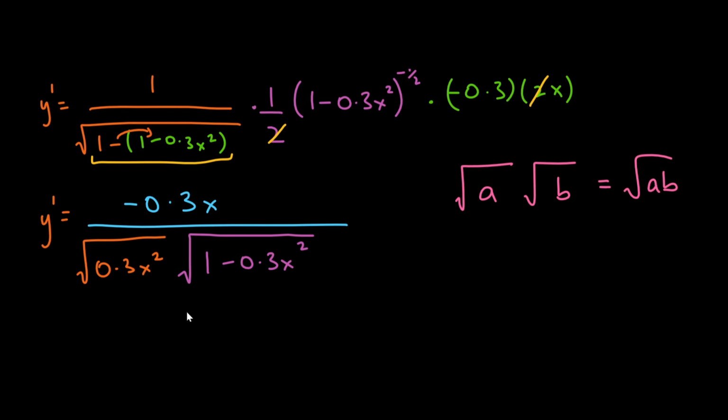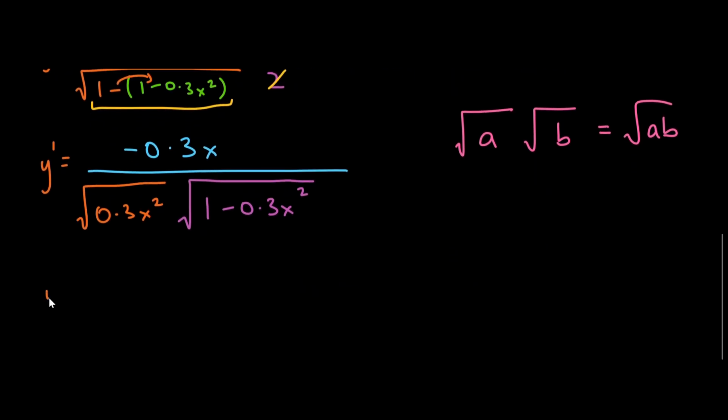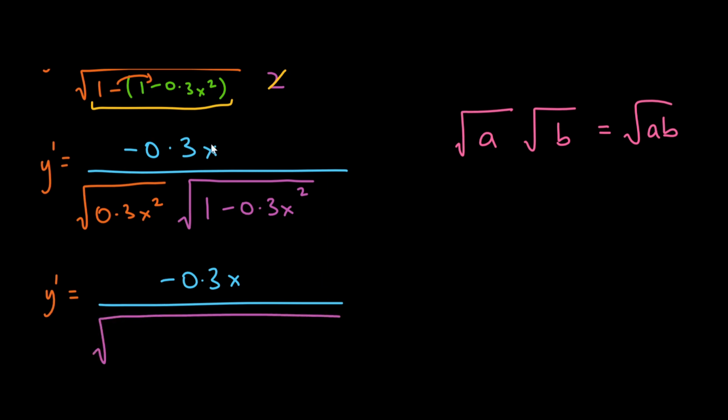And so we can write it out as y prime is equal to, I will write negative 0.3 on top. Nothing changes to that yet. I will write a big square root. Now we just have to multiply 0.3 x squared times 1 minus 0.3 x squared.